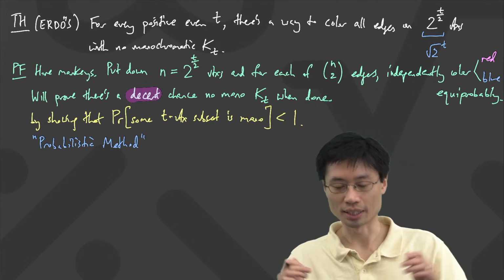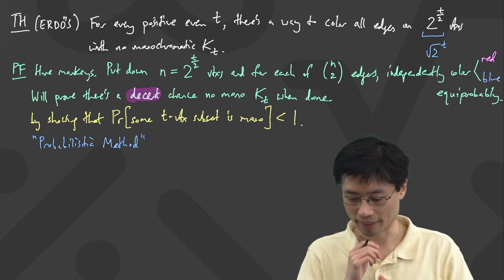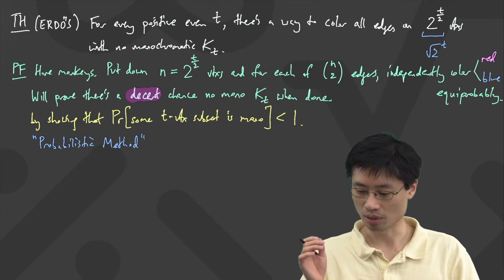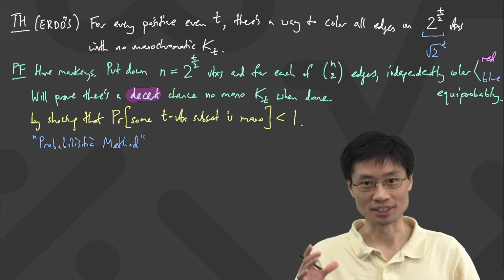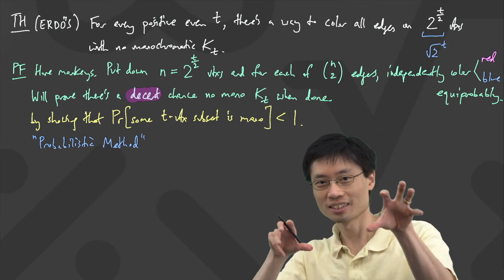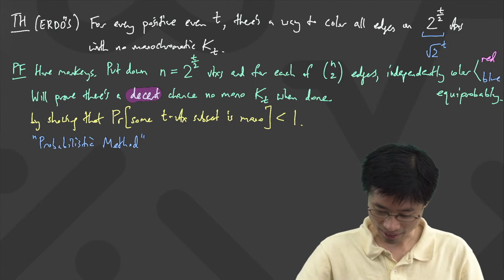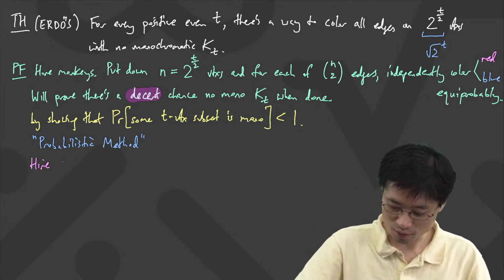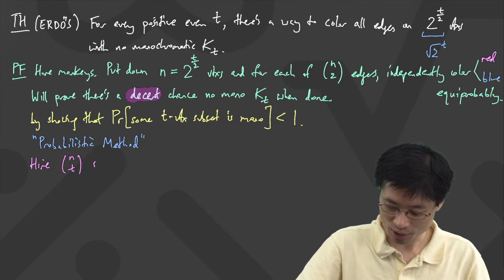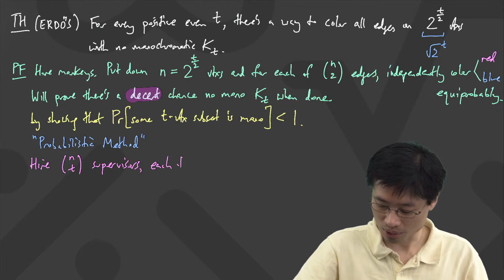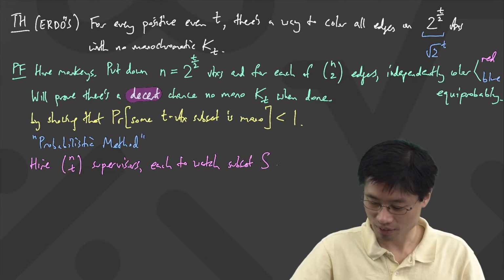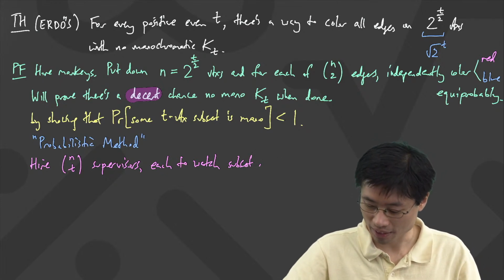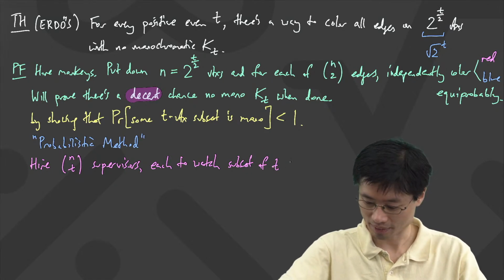Now, how do you do this? Well, one way is to look at my n vertices and assign monkey supervisors to stare at sets of t vertices. So the next thing you do is you hire lots of monkey supervisors and choose t supervisors, each to watch a subset S, well, I'll give it a name in a moment, a subset of t vertices.